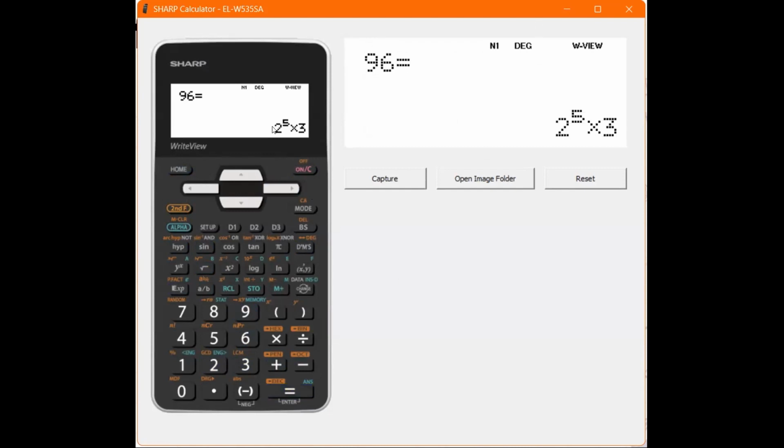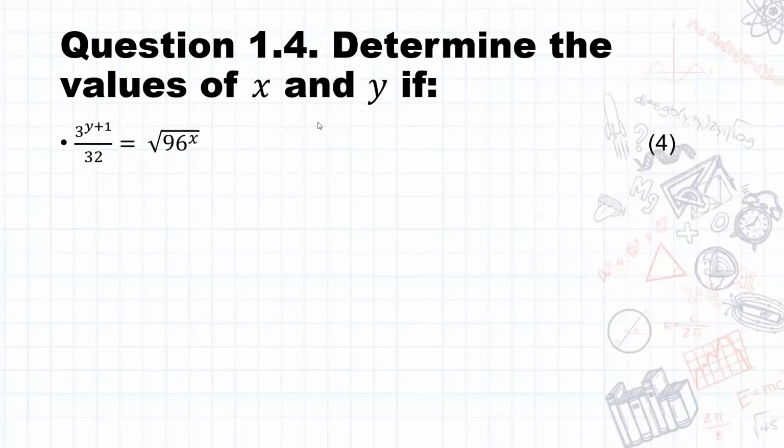So back to our question we go. Grab my pen again. Breaking it down, we've got 3 to the y times 3 to the 1, so 3 to the y plus 1. Then 32 we said is 2 to the power of 5, so you can see there are 2 different bases here. Then we've got 96, which was 2 to the 5 times 3, right?